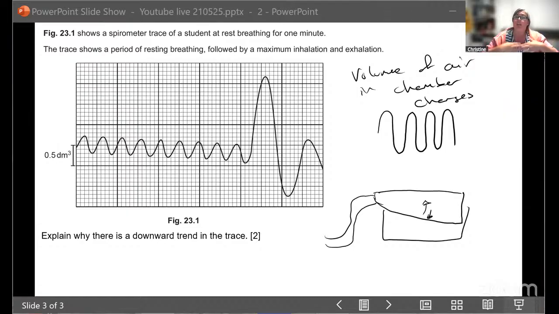The reason my rib cage needs to move up and out and then back down again is so that I'm changing the volume, changing the pressure, so I get air coming in and out so that I can maintain that concentration gradient. We expect the carbon dioxide to come out, but the carbon dioxide should be absorbed by the soda lime. So CO2 gets absorbed by the soda lime, and therefore that volume of air in the chamber will decrease, and that will give you that slight decline, that downward trend in the trace.